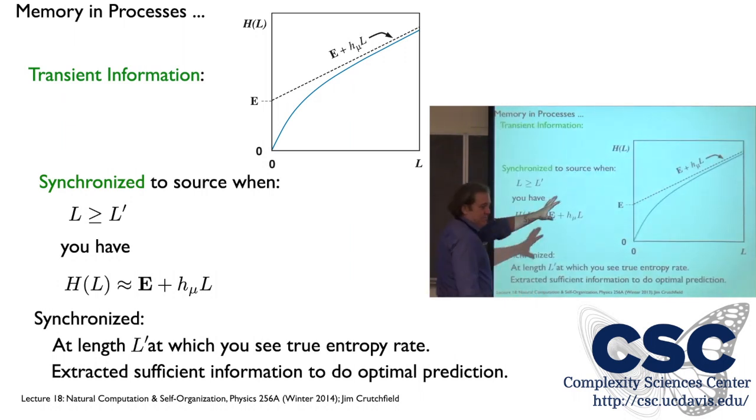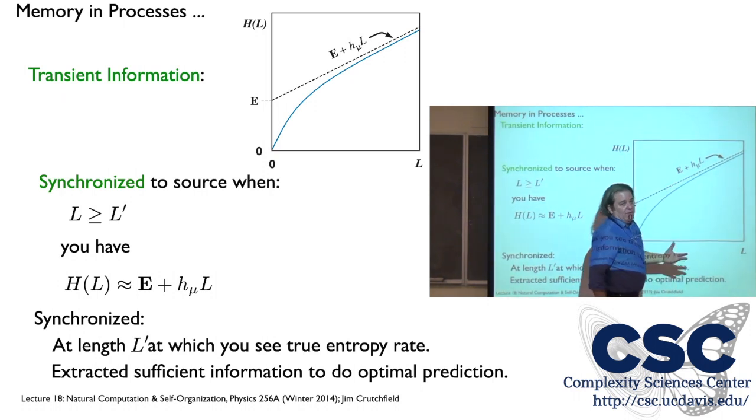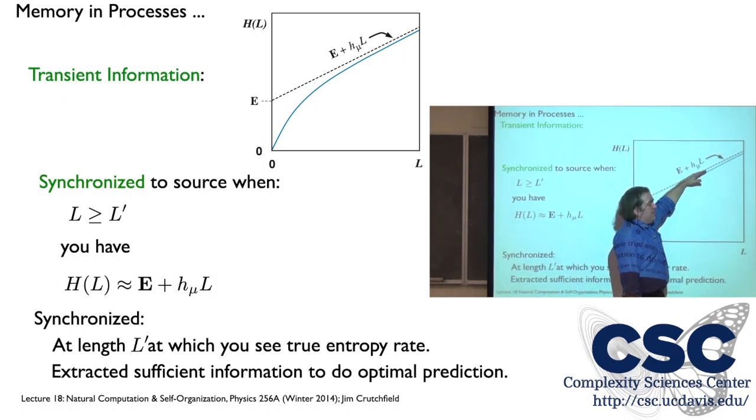Okay, now there's a way to express that idea in terms of the block entropy curve. Here we have the generic H of L curve, and quantitatively, we say that we've synchronized a process when we're at an L such that H of L is very close to the linear asymptote. For example, the 2-point slope here would be close to the entropy rate, and so on.